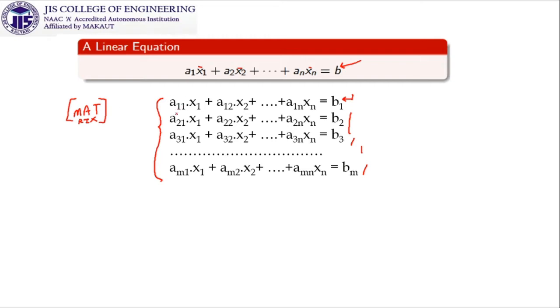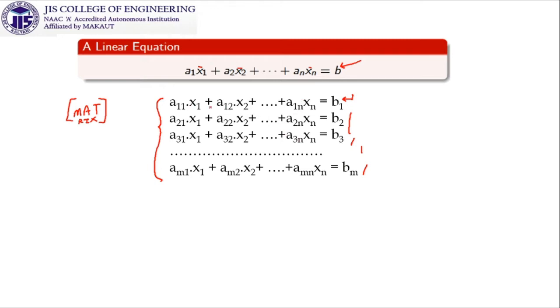So if you think of the position a11, it is nothing but the first row first column position. Then second row second column position, third row third column position, first row second column position, first row third column position, first row nth column position.